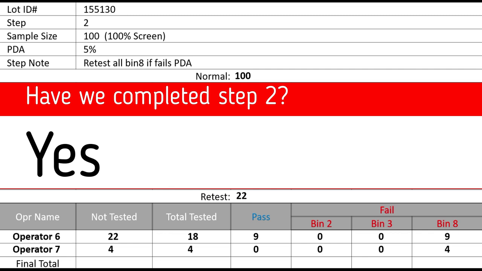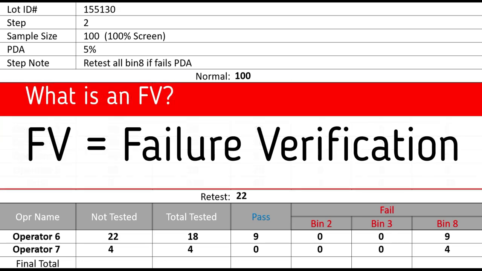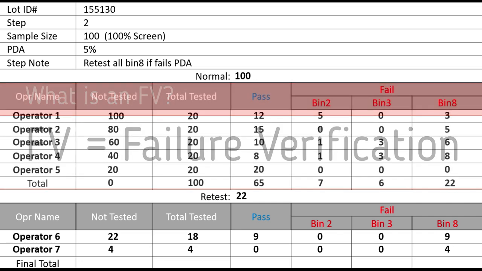Even though we have failed PDA yet again, we have completed the original test step and the retest portion of the step per the notes. This now becomes an FV. FV stands for failure verification and will be given to the sustaining engineering department to work through.